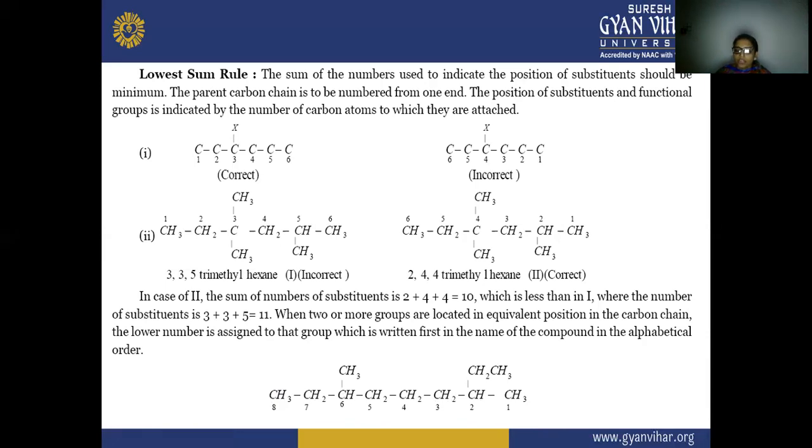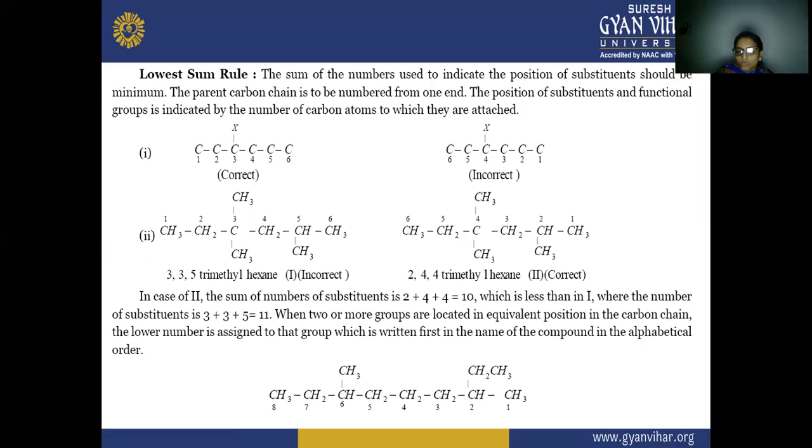When writing the name, we have to write ethyl first compared to methyl, because in alphabetical order E comes first as compared to methyl. So its name is 2-ethyl 6-methyl octane.